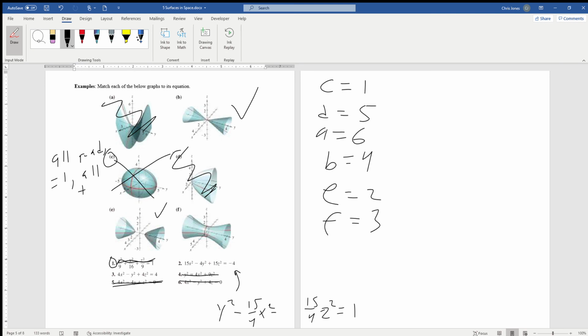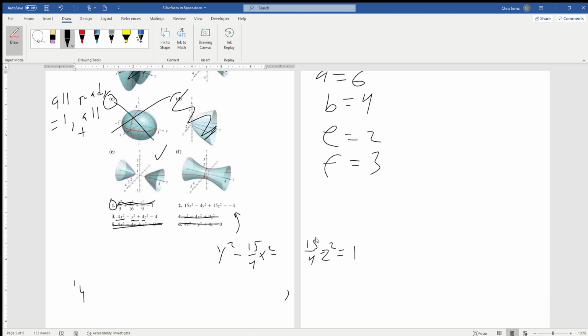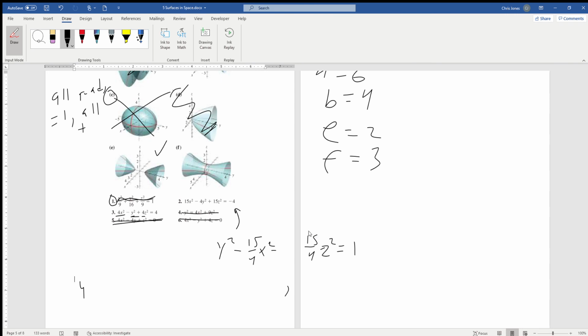And that's pretty obvious because we have 2 positives. We have 1 negative. We could divide by 4. And so we would end up with, if I was to write this over here, just to put it into the form that we can easily see, x squared plus z squared minus 1/4 y squared is equal to 1.